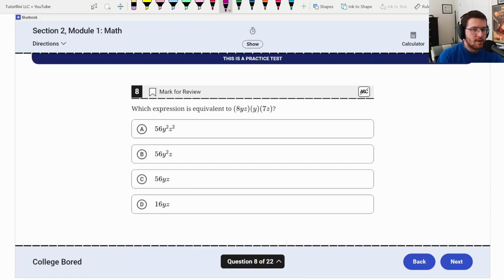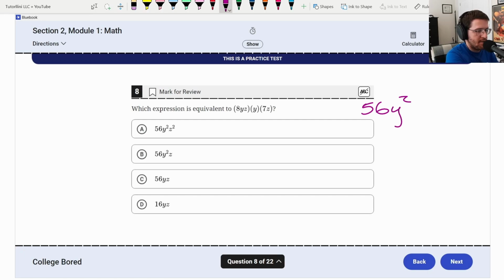Okay, question 8. So first thing I'm going to do, this is all multiplication, I'm going to tackle the coefficients. So 8 times 7, that is 56. And then I'll tackle the variables in alphabetical order. That's just a convention. So y times y, only 2 y's, so I'm going to do y squared.